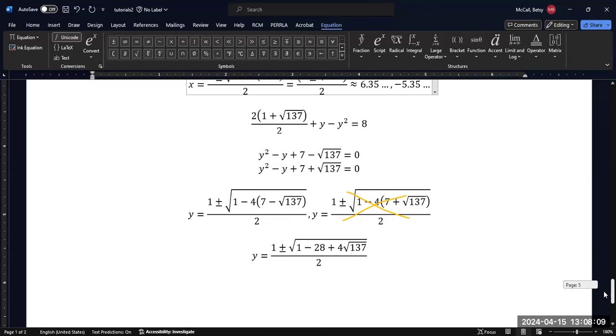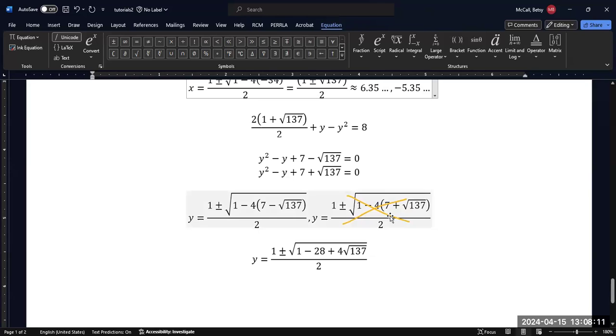We said that one of these is not going to give us a positive value under the radical. 1 minus 28 plus 4 square root of 137. This number here is approximately 19.8. I'm going to take the square root of that, and that's about 4.45.